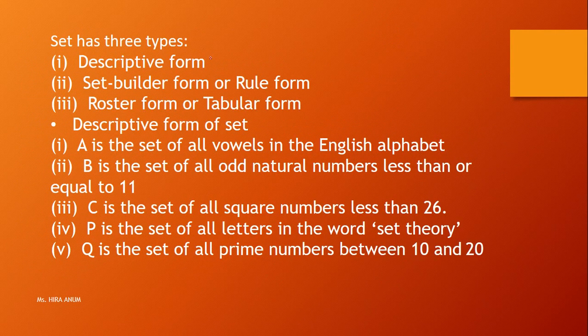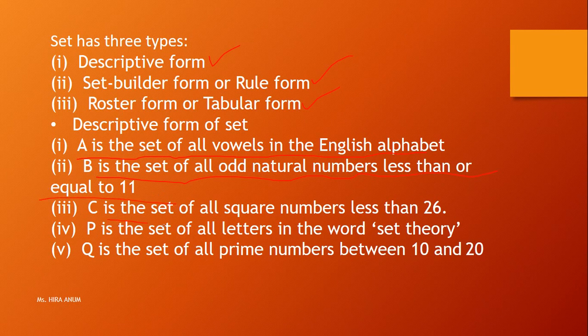A set has 3 forms: descriptive form, set builder or rule form, and roster form or tabular form. In descriptive form we can write in sentences, like A is the set of all vowels in the English alphabet, or B is the set of odd natural numbers less than or equal to 11.